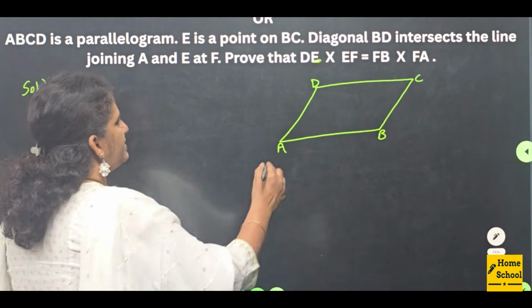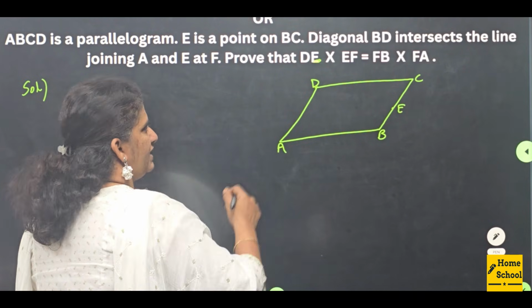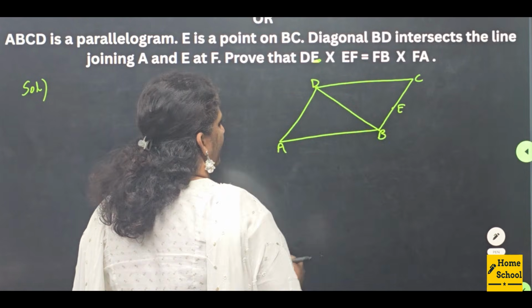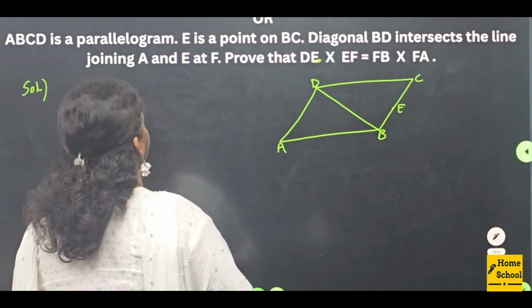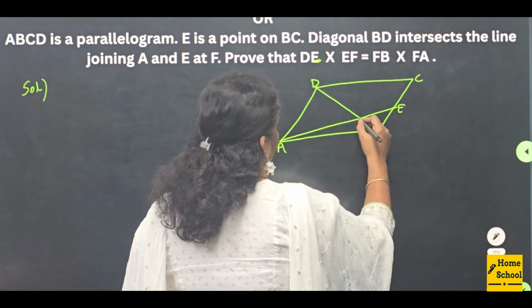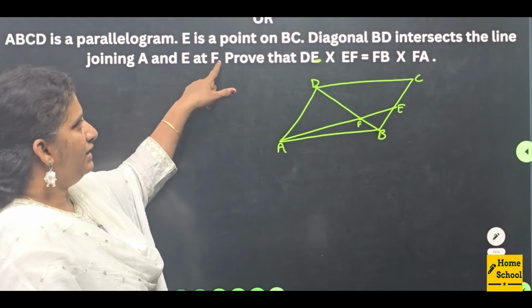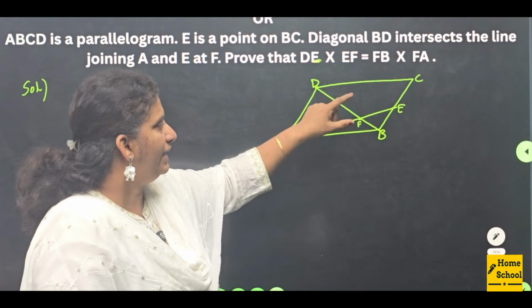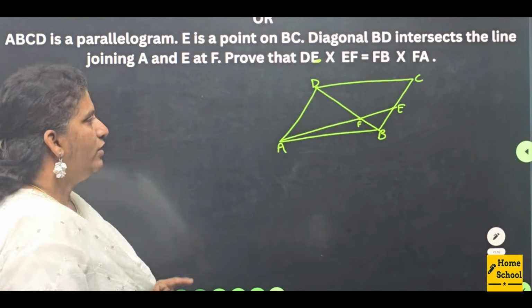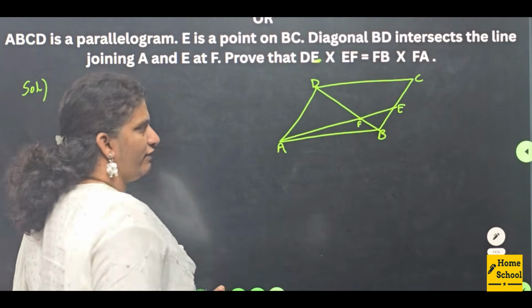E is a point on BC. Let me mark a point on BC; that point be E. Diagonal BD, okay, join BD. It intersects the line joining A and E at a point F. See, diagonal BD intersects the line joining point A and E at F. Prove that DF into EF is equal to FB into FA.